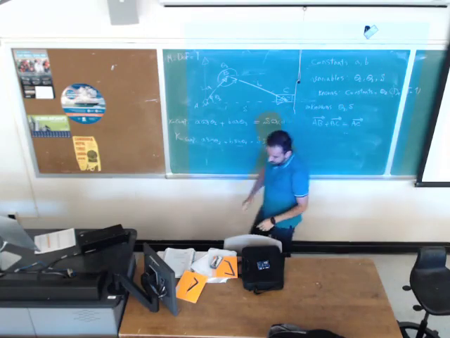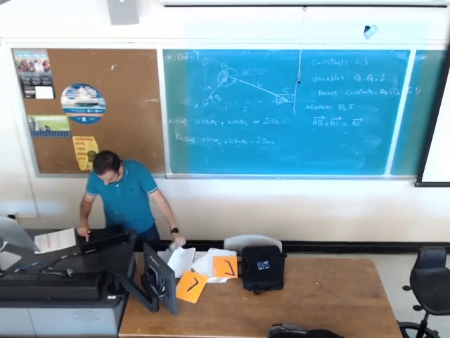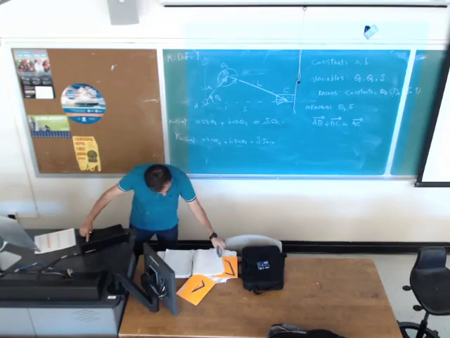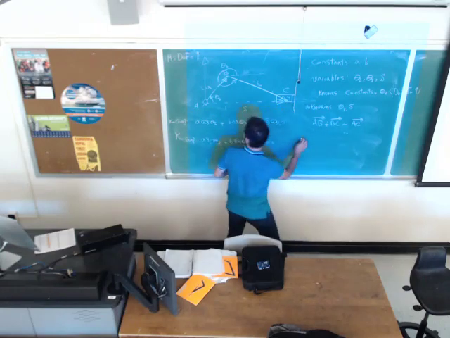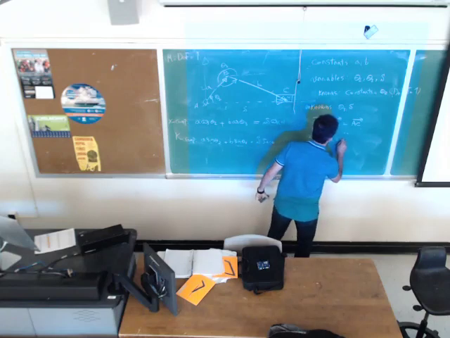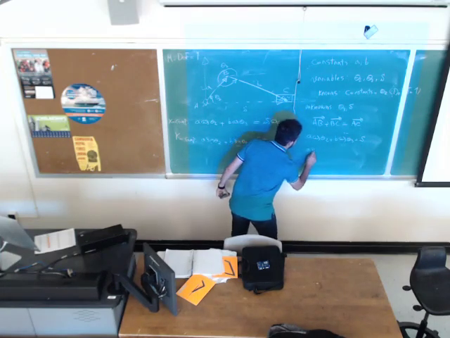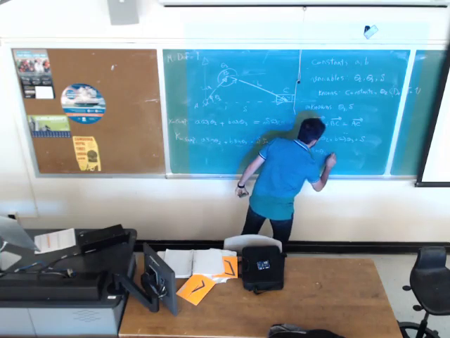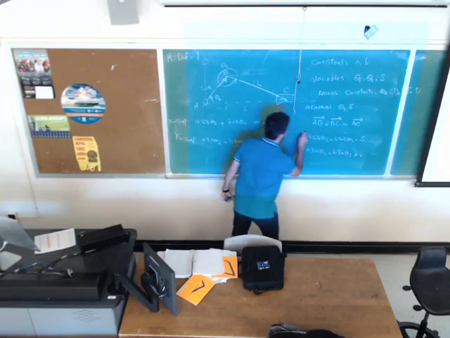So let me rewrite this equation again. A cosine of theta 2 plus B cosine of theta 3 equals S. And A sine of theta 2 plus B sine of theta 3 equals 0.